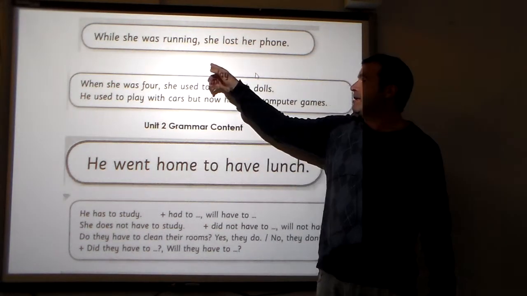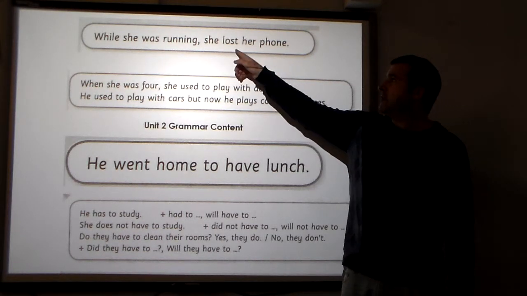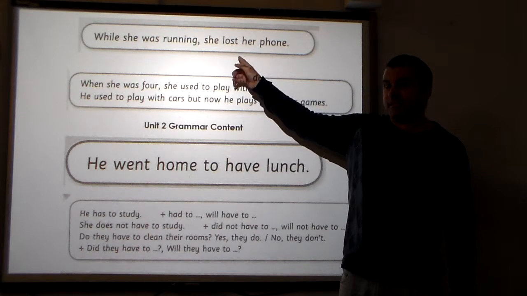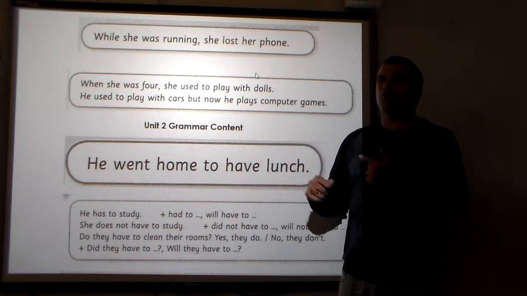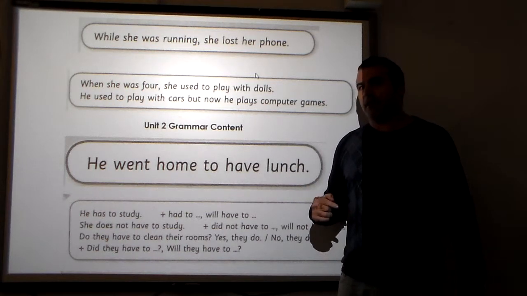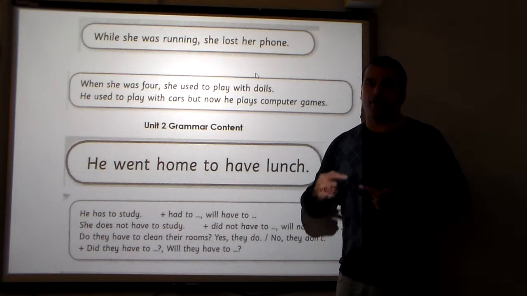While she was running, she lost her phone. Notice lost is the past tense of lose. So it would be a good idea if they would review a bit the irregular verbs, even though we'll look into that a bit further later on.